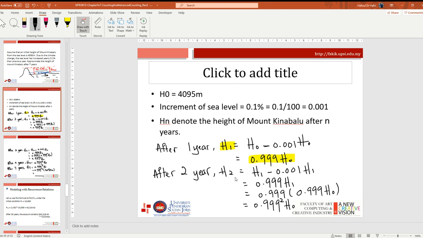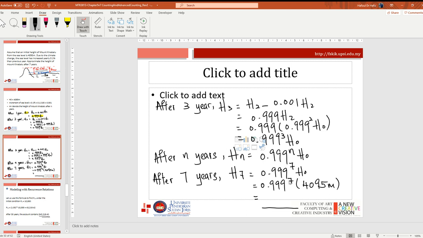After 2 years, H2 is H1 minus 0.001 H1. Yang ni kita akan dapat 0.999. After 7 years, H7 ni lah kita akan dapat, kita akan darabkan lah. The answer will be here.